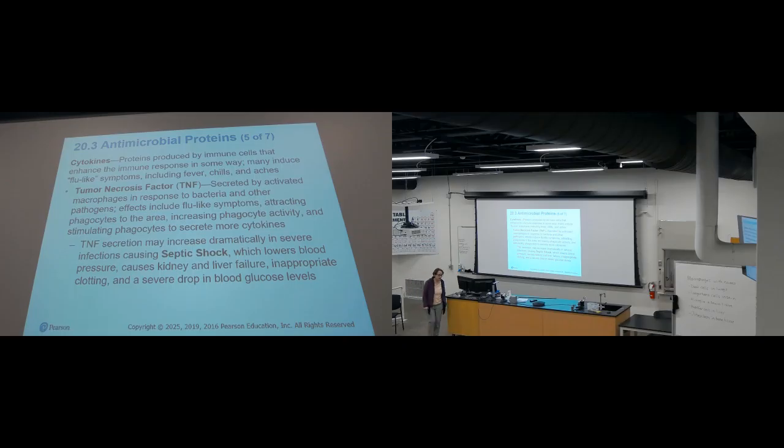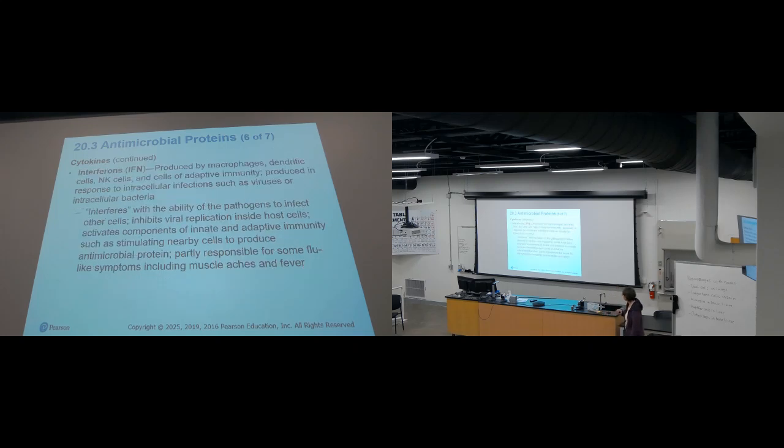For cytokines, we have different types, including something that's called TNF, tumor necrosis factor. And in this TNF, you will have the activation of fever. And also, if you have excess of this, you will have something that's called septic shock, in which the person will have low blood pressure, kidney and liver failure, and inappropriate blood clotting and bleeding.